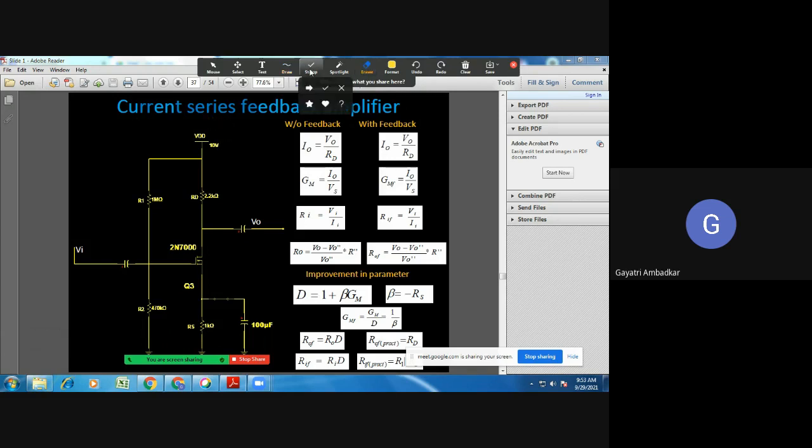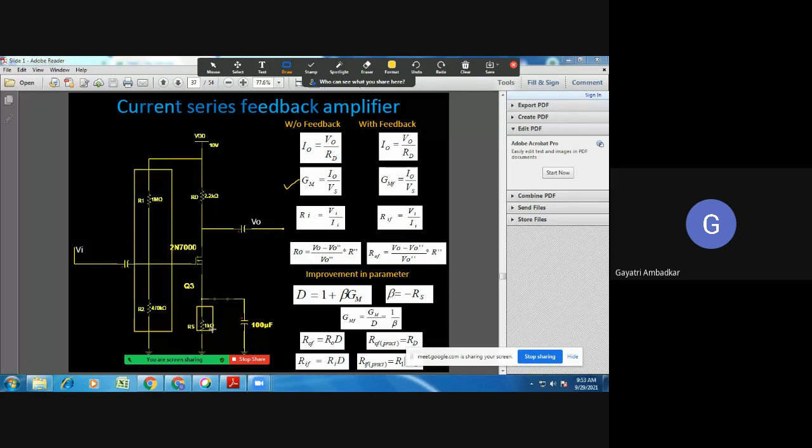We define the gain of a transconductance amplifier like this: GM is equal to... So look at this amplifier. This is your MOSFET, 2N7000 is used. This is the voltage divider network formed using R1 and R2.